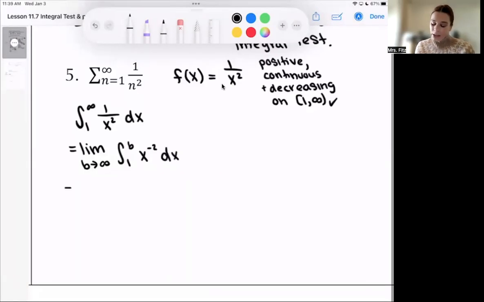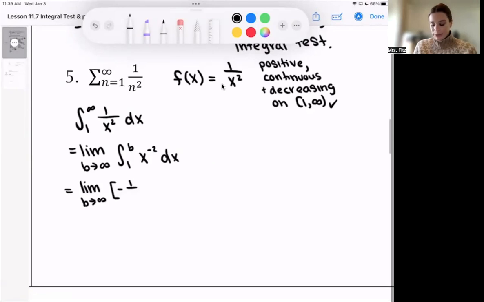Okay, so now we're going to integrate. We have the limit as b approaches infinity of the integral of x to the -2nd, which is -1 over x. And we're going to evaluate that from 1 to b.